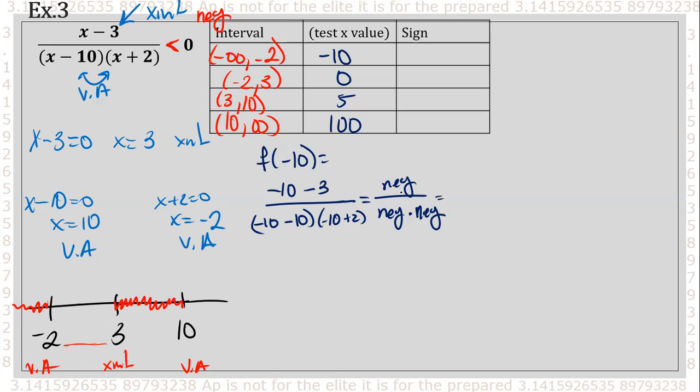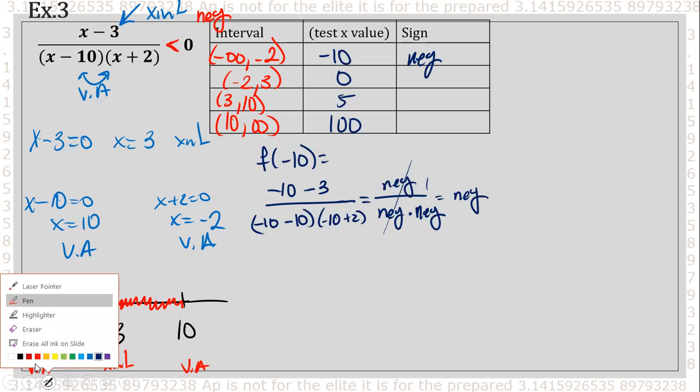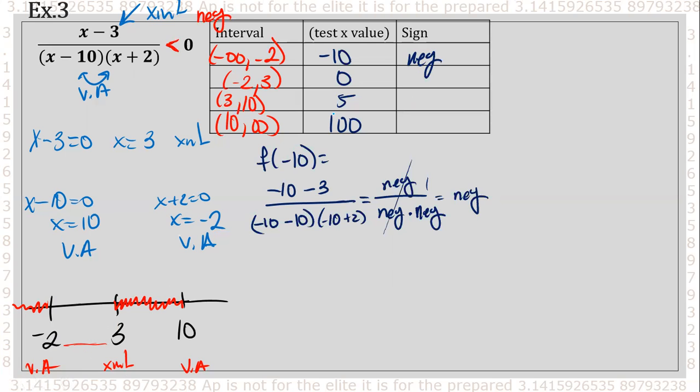When my students were like, "Can't I just go ahead and cancel these out?" Sure, it simplifies to 1, and then you just have 1 over negative, which is still negative. If that works for you, perfectly fine. I do not mind it. The main idea is, are you finding out just the sign?